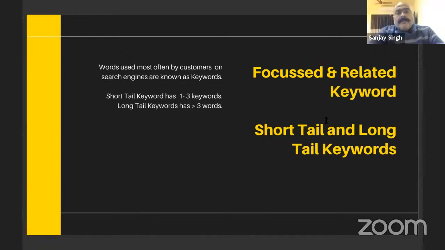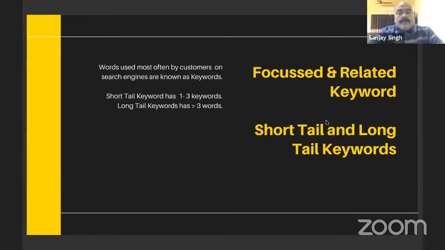Now, any keyword which has fewer than three words is known as a short tail keyword, and any keyword which has more than three words is known as a long tail keyword. In the industry, with the passage of time, most of the easy and convenient short tail keywords are in high demand.